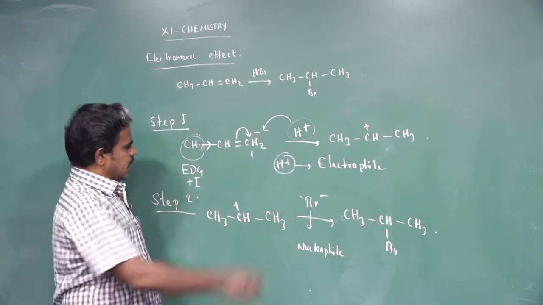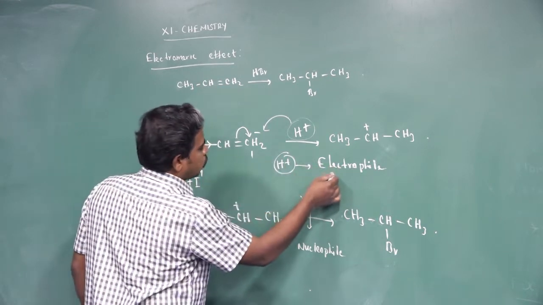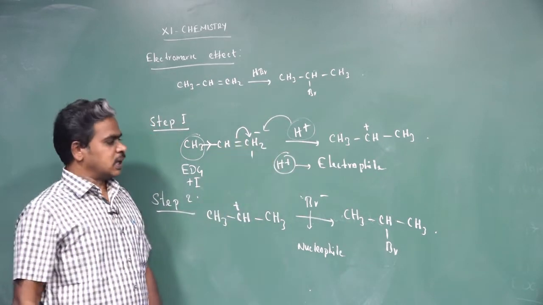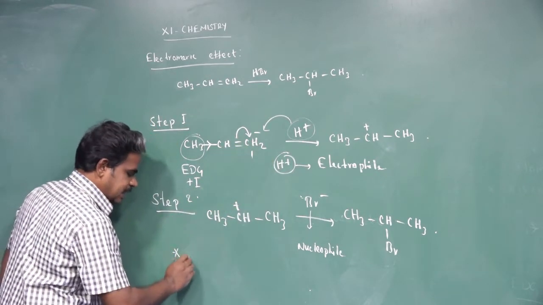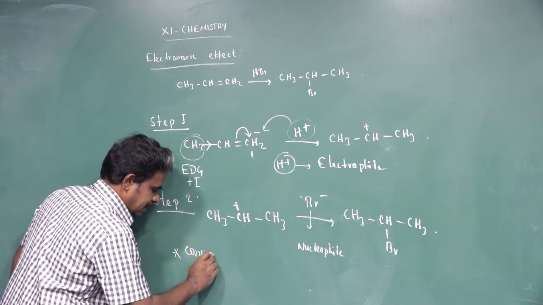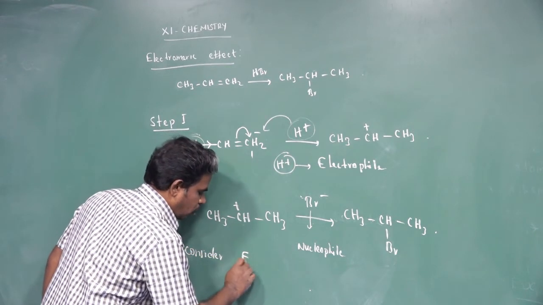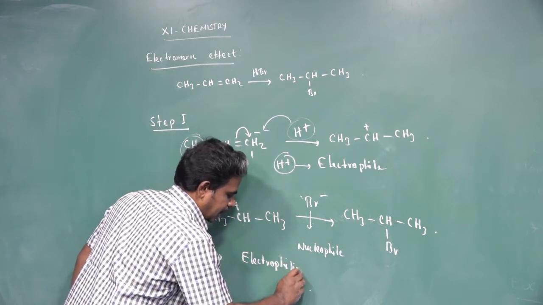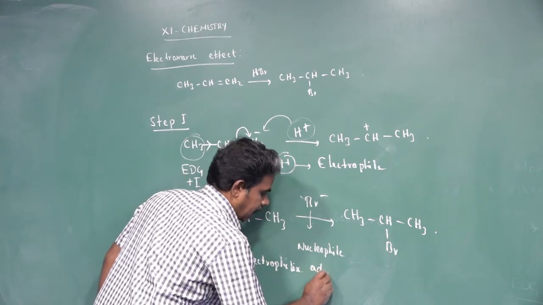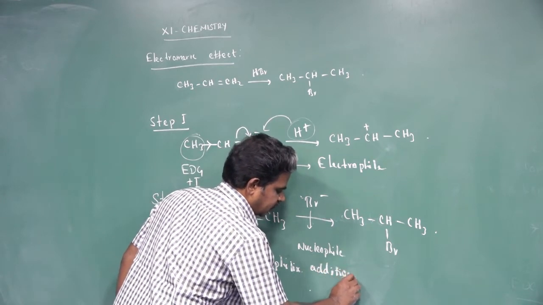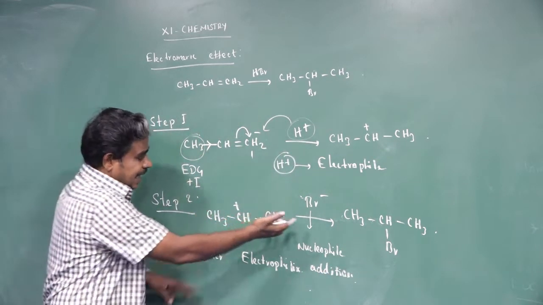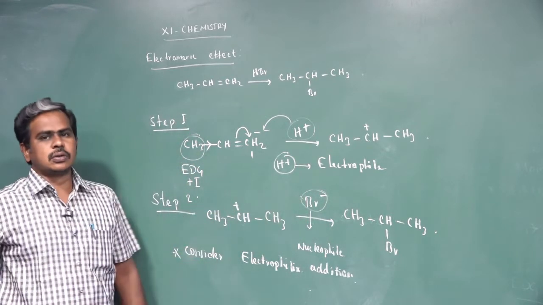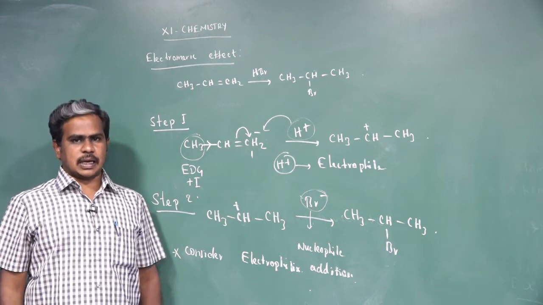In this reaction, in the first step, the electrophile is going to attack the first carbon, so this reaction is considered electrophilic addition, not nucleophilic addition. And in the second step only, the nucleophile, Br minus, is going to attack the carbocation.